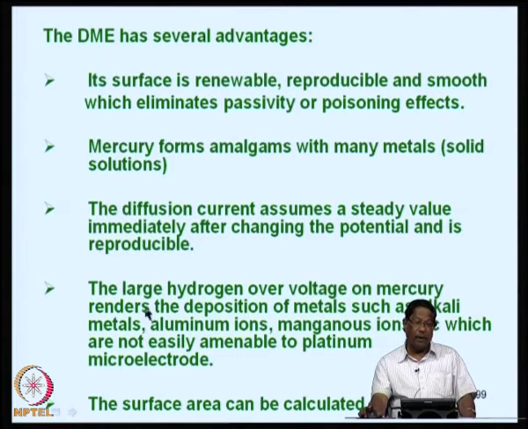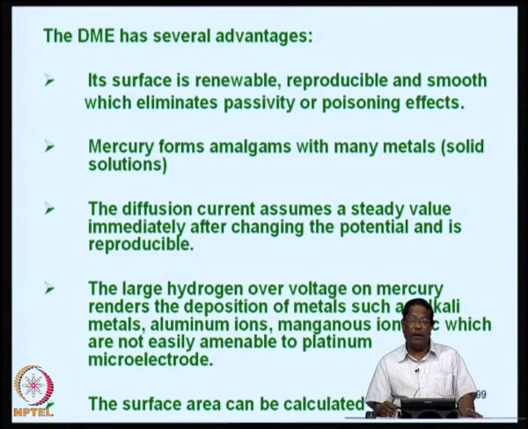Another advantage of the dropping mercury electrode is that the large hydrogen over voltage on mercury renders possible the deposition of metals such as alkali metals, aluminum ions, manganese ions, etc., which are not easily amenable to a platinum microelectrode. For example, if you want to determine aluminum ions and manganese ions, it is not easy with a rotating platinum microelectrode, but it is easy with the dropping mercury electrode.